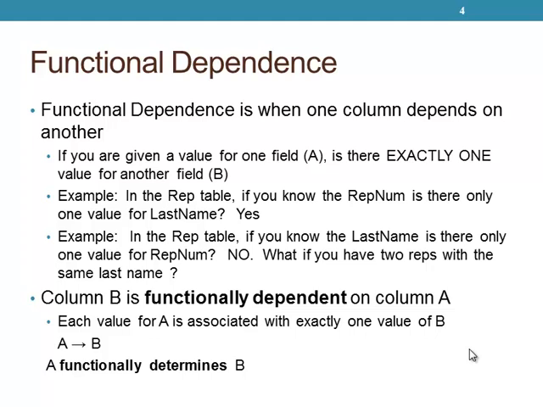In this case, yes. You know that if you get one rep number, there's only going to be one last name that matches that. But if you ask it in the other direction, if you have the last name, is there only one value for rep number? No, because you could have two reps with the same last name, but they're different employees. They just happen to have the same last name, so it's not dependent in the other way.